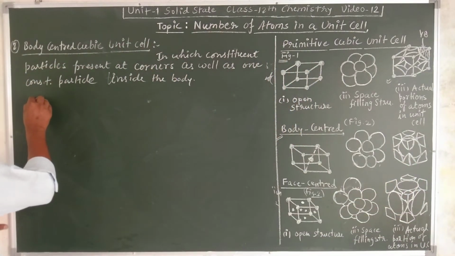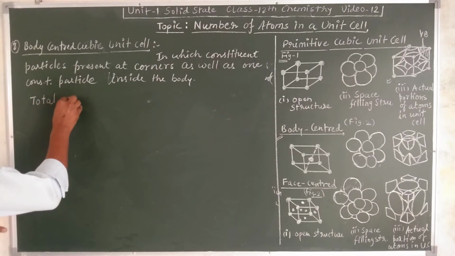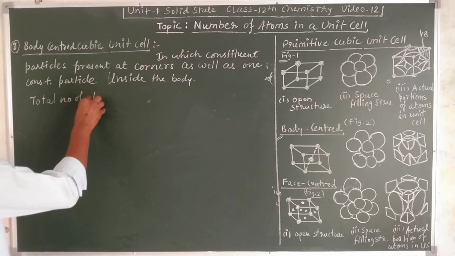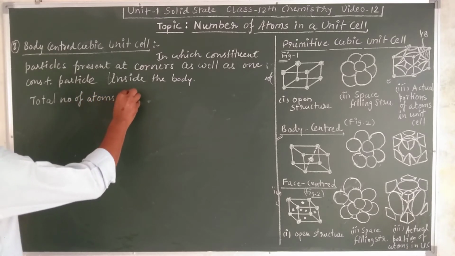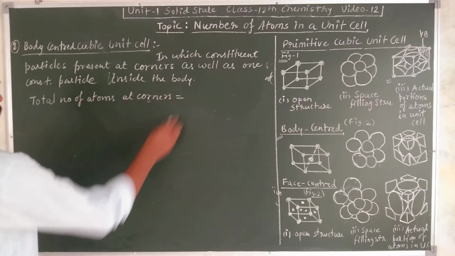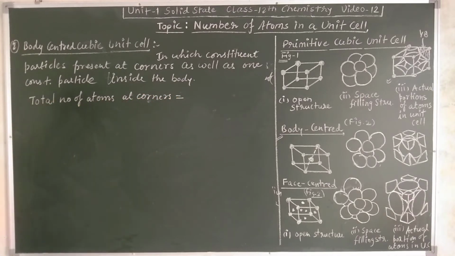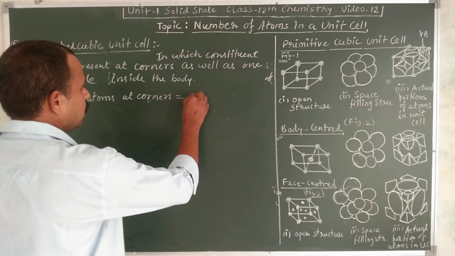So total number of atoms at corners: 1, 2, 3, 4, 5, 6, 7, 8. There are 8 atoms.